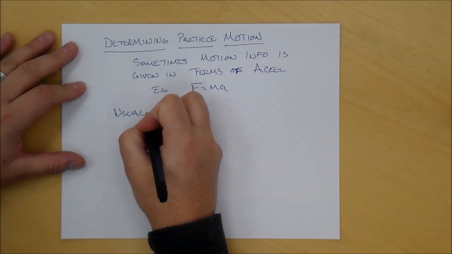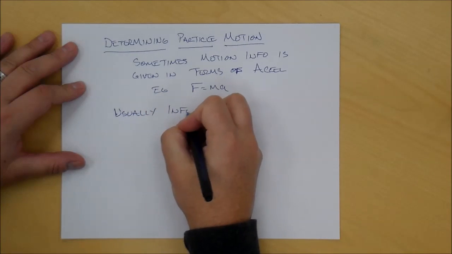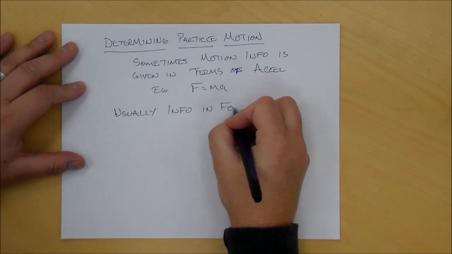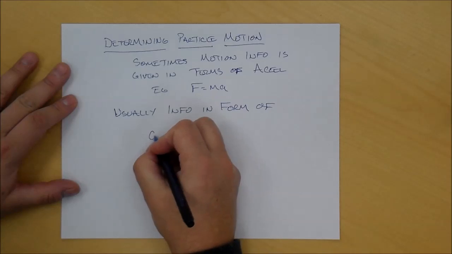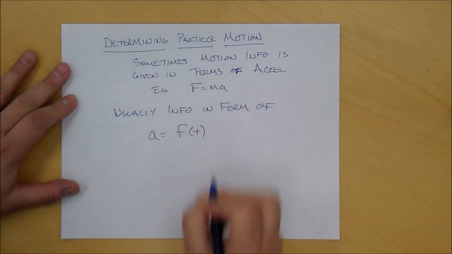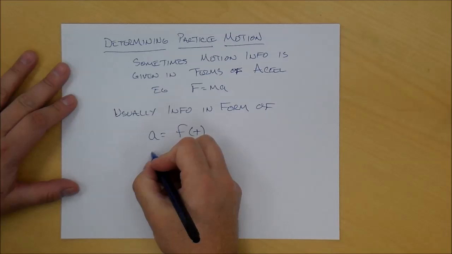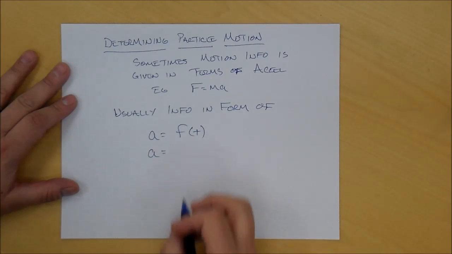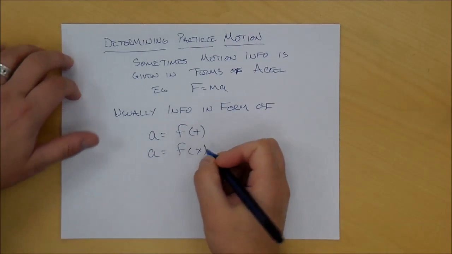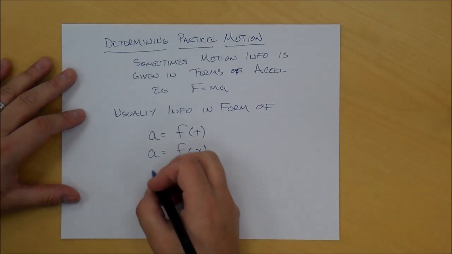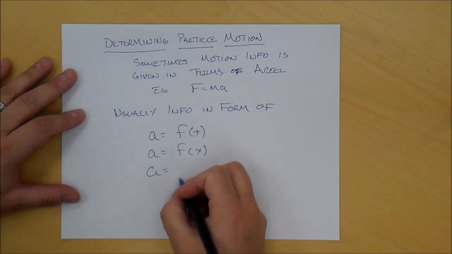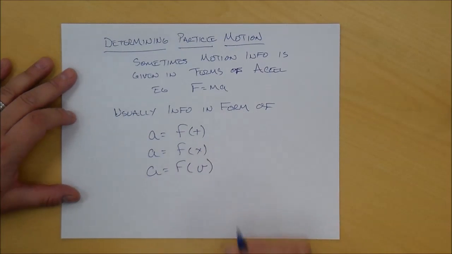Usually, information given to you about acceleration is in one of three forms. Either the acceleration is given to you as a function of time, or perhaps the acceleration is given to you as a function of position, or the acceleration sometimes also is given to you in terms of velocity.